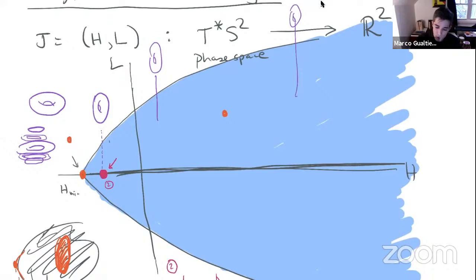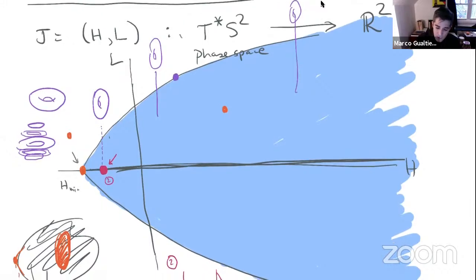Except what happens at the boundary points is that the spherical pendulum is moving with maximum angular momentum for a fixed energy. And so that means that it's inclined at a certain angle, and it's just moving in a circle. It's not oscillating at all in the angle. It's at a fixed angle. It's just moving around like this.